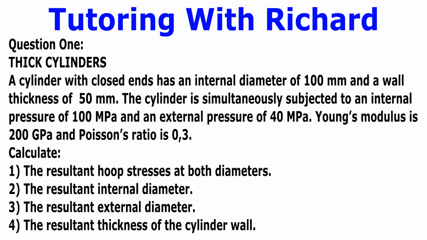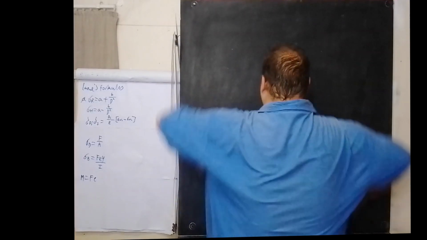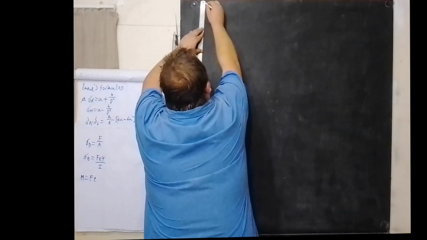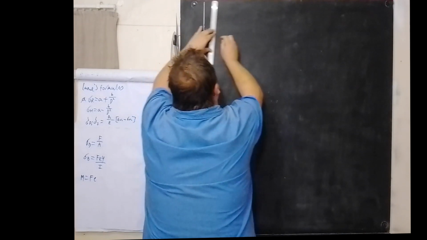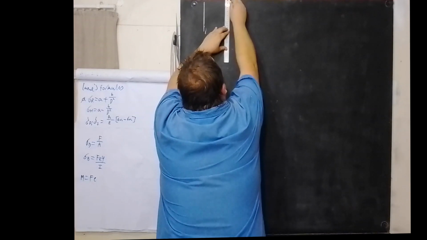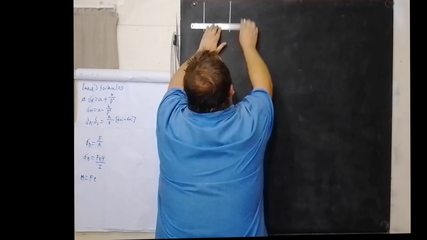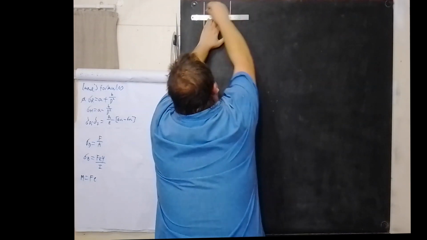Okay, so first what we need to do is draw our graph of the cylinder, which looks something like this.